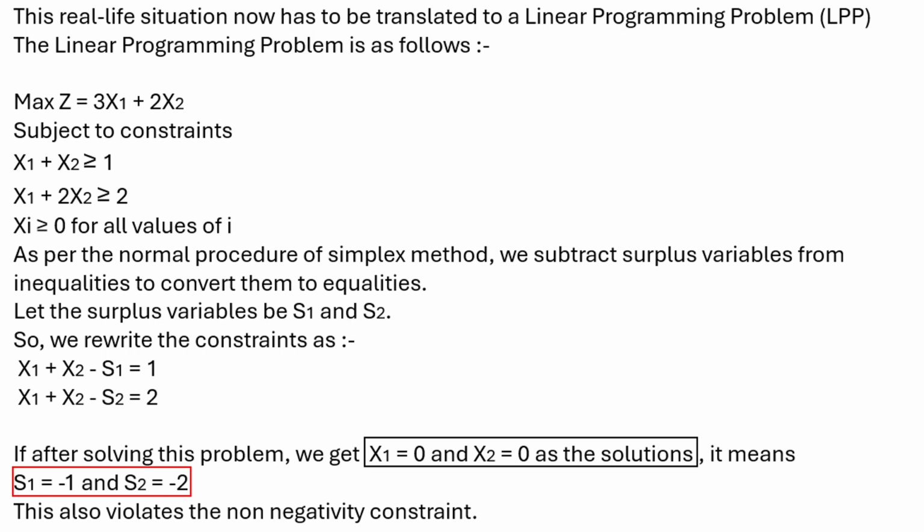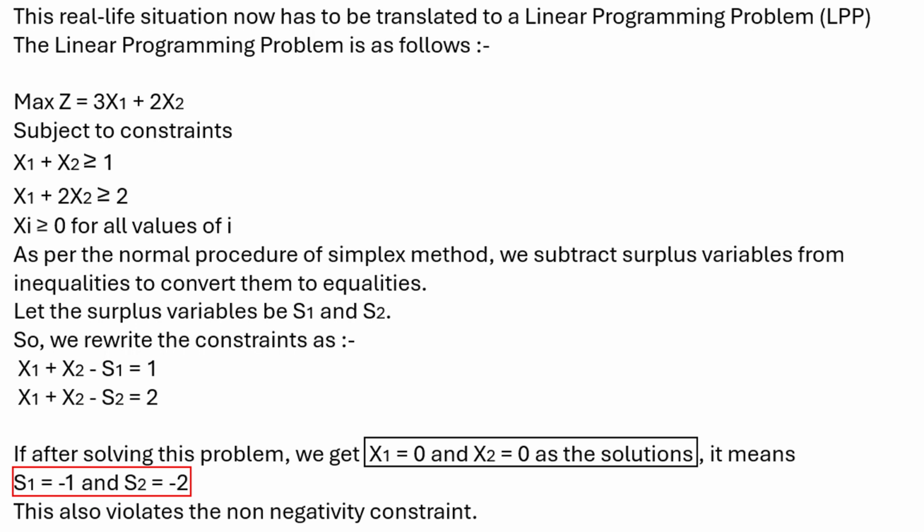If we do so, we get s1 equals minus 1, which is very clear. If we substitute the values of x1 and x2 in the first constraint, we get minus s1 equals 1, which means s1 equals minus 1. And in the second constraint, we get minus s2 equals 2, which means s2 equals minus 2.